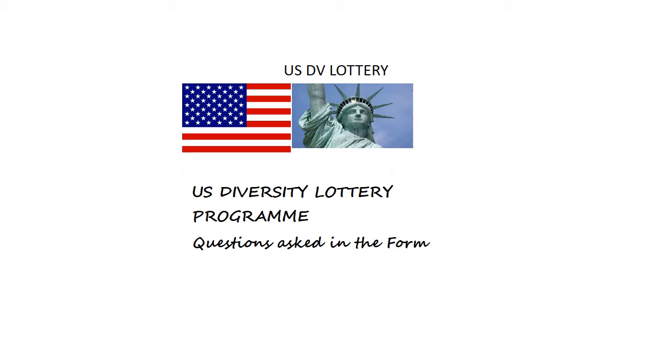An address that you will be continually using must be given. Then the other one is highest level of education you have achieved as of today. The next point is current marital status. That means you are married or unmarried. You'll have to mention that.